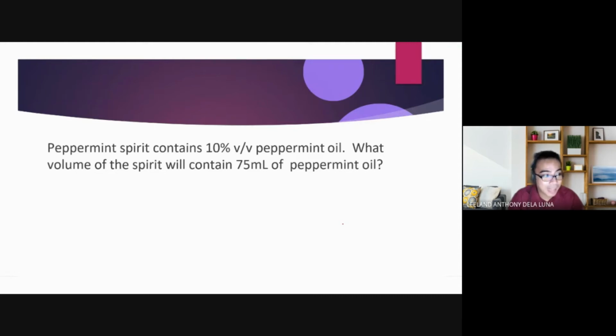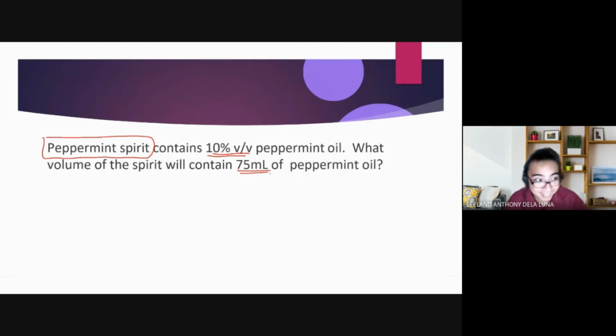So, gaano karami dapat yung solution ko? Nagets ba? Ulitin ko, kasi ang sabi dito, peppermint spirit. Normally daw it should contain 10% volume per volume peppermint oil. Now, ano ang magiging total volume ng peppermint spirit ko kung gagamit ako ng 75 ml peppermint oil?